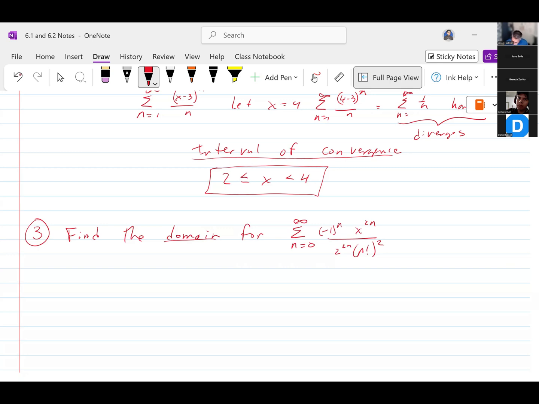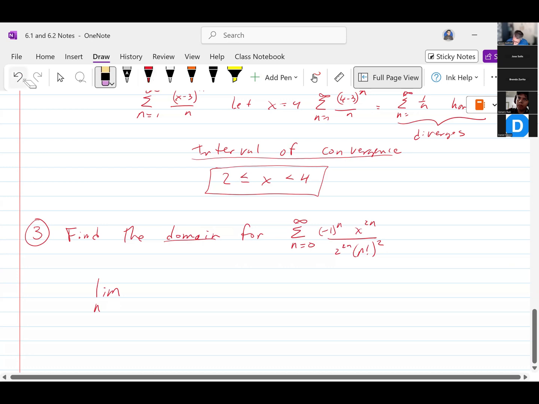Okay, so let's again use the ratio test to help us out. We want to know when does this thing absolutely converge?